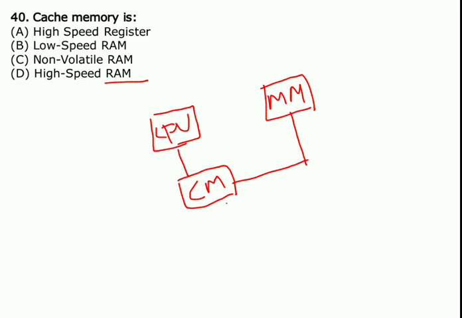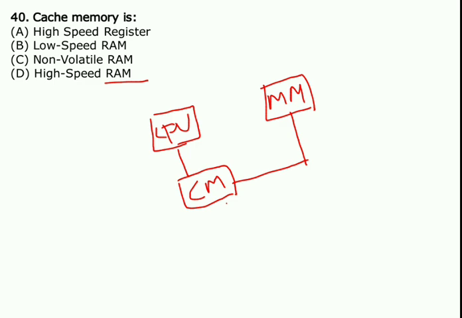So this is a high-speed random access memory, which is placed between the CPU and main memory. Right. So in order to access the most frequently used programs, we are using the cache memory. So that is the main purpose of cache memory, right? So we'll keep the frequently used programs in the cache memory.